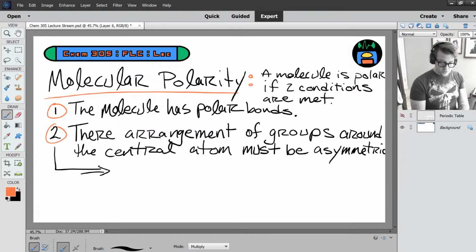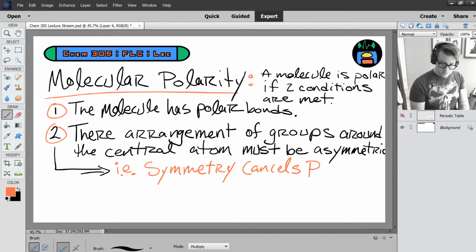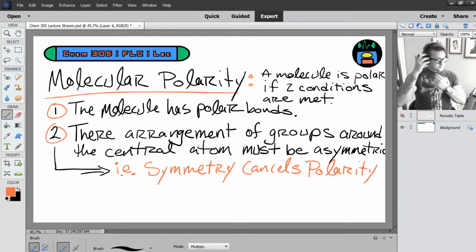In other words, symmetry cancels polarity. All right. So what are we talking about?